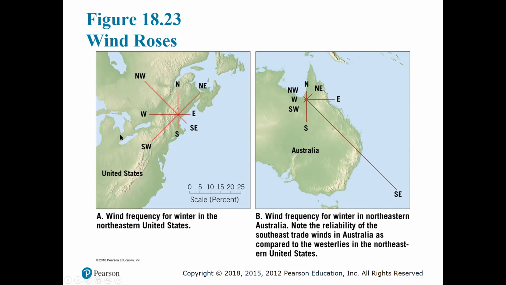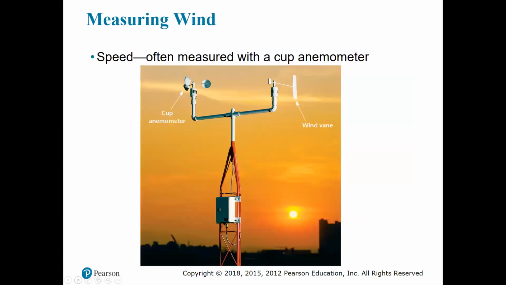In the northeastern United States, the majority come from the northwest, but secondly from the southwest. So that gives a look at those westerlies. In the United States, the westerlies dominate. In Australia, the southeast trade winds dominate.